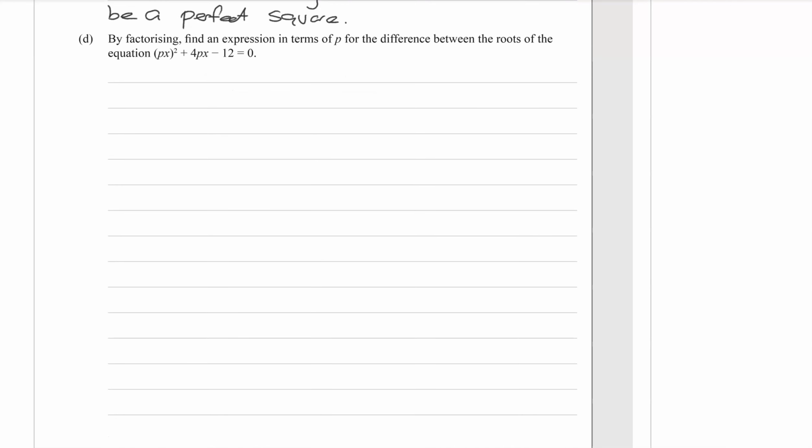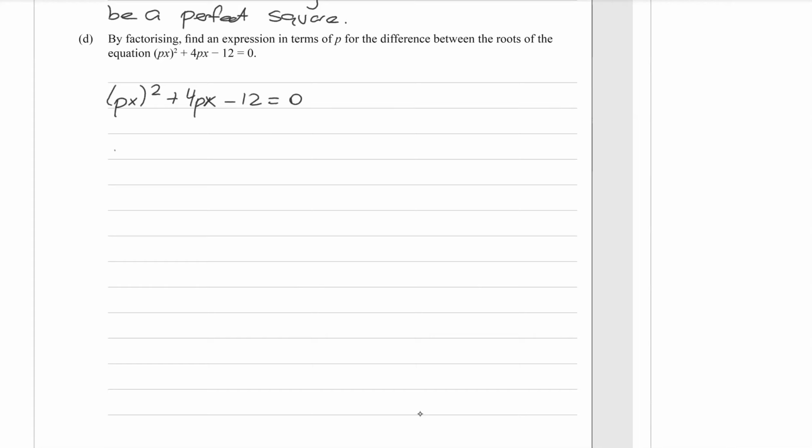Next question, question D. We got told by factorizing, find an expression for P for the difference between the roots of the equation. First things first, I'll write my equation out. I've got px squared plus 4px minus 12 equals 0.